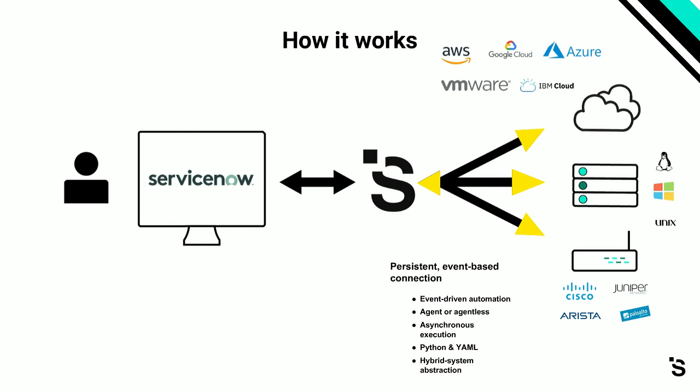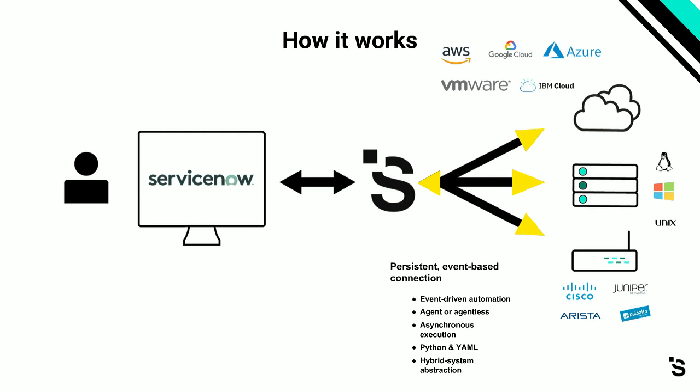SaltStack is unique in that we're running on an event-driven platform, meaning that we have a persistent connection to the system that is two-way, that allows the system to constantly send information back to SaltStack. It's lightning fast based on a 0MQ event bus that allows us to have cyclical two-way communication with the system itself, which allows us to do things like event-driven automation.